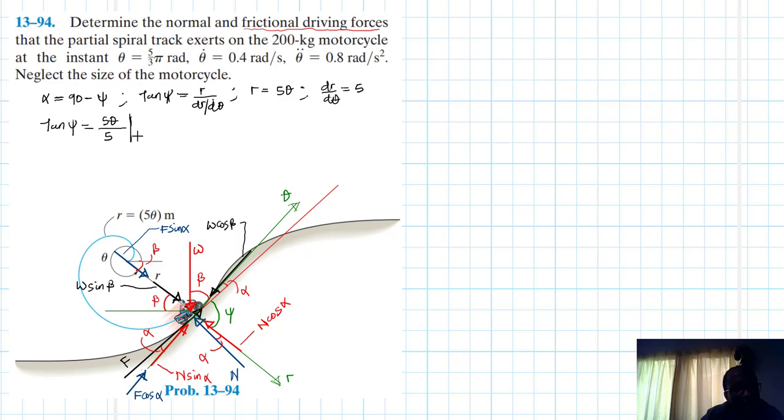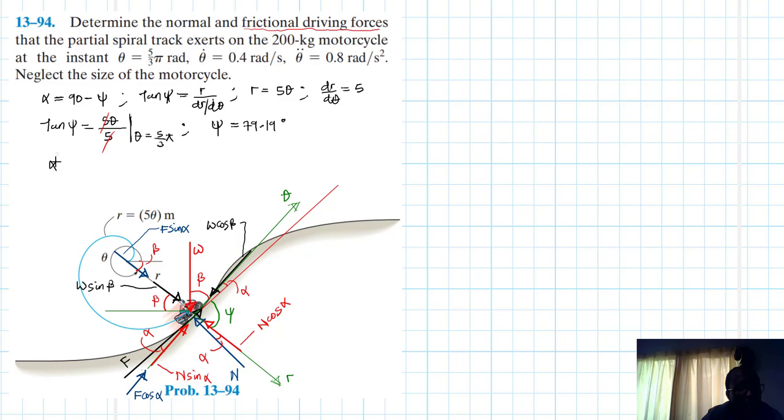At theta equal to 5 divided by 3 pi, and therefore our psi will just be equal to, so this and this goes, therefore we'll have 5 divided by 3 times pi, tan inverse of that. So we have 79.19 degrees.